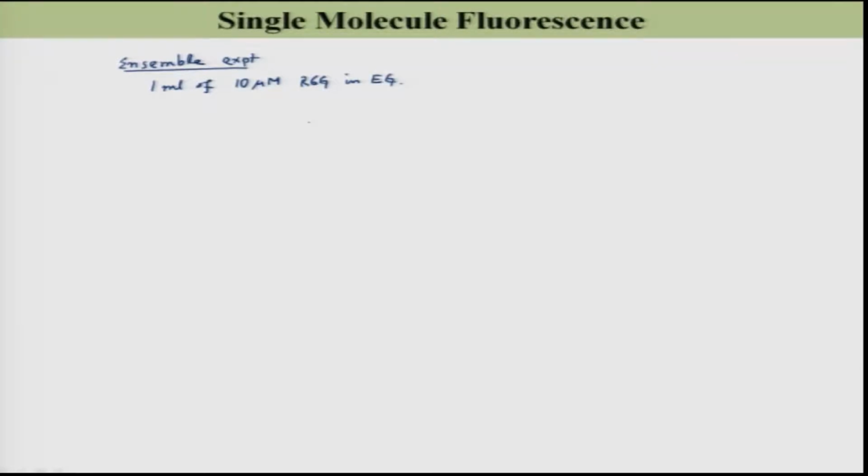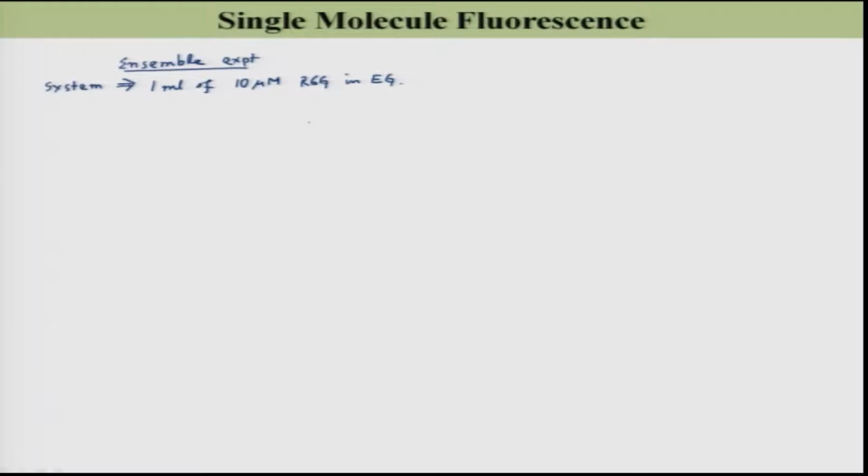This is my system, right. So, your system is this, right. So, I can readily calculate how many rhodamine 6G molecules are present, how many ethylene glycol molecules are present, right, in this system.